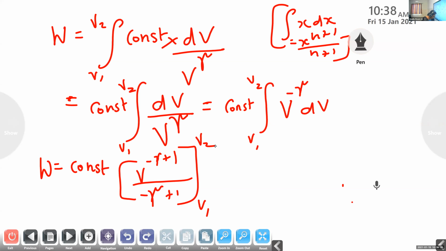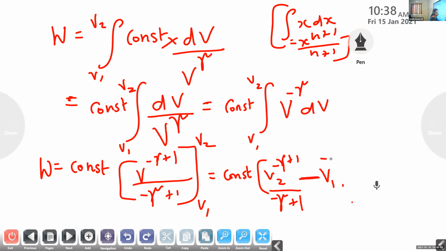That is equal to constant into V2 raised to minus gamma plus 1 divided by minus gamma plus 1, minus the lower limit V1 raised to minus gamma plus 1 divided by minus gamma plus 1. Substituting the limits instead of capital V.